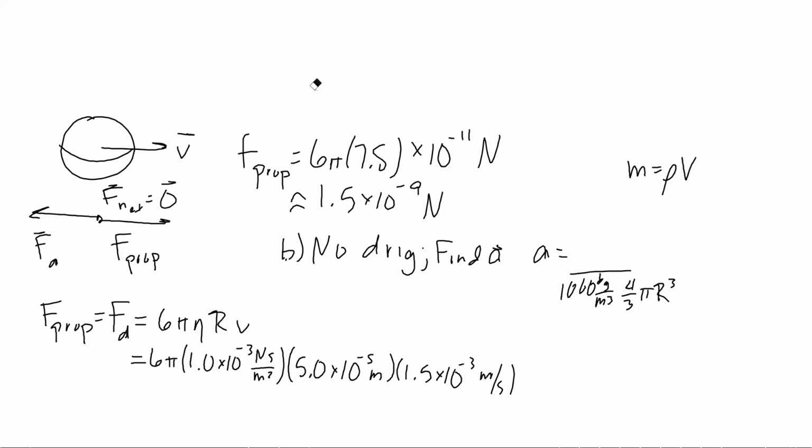So at the numerator, it's going to be 6 pi eta r v divided by rho 4/3 pi r cubed. And so you see the r's are going to cancel, the pi's are going to cancel. 6 and 4/3 will resolve themselves in some way to 9/2, I think.